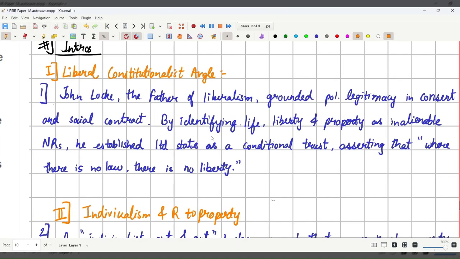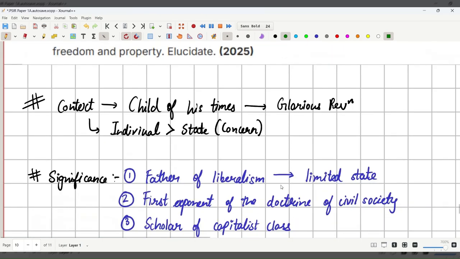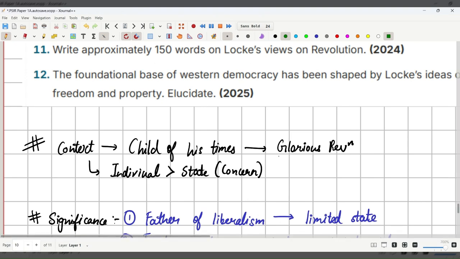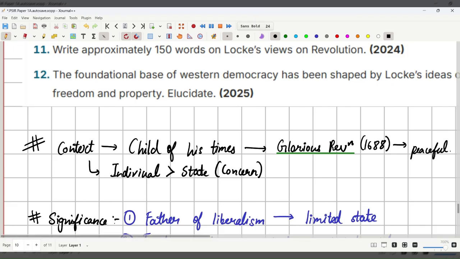Then after this we are going to study his context and significance. First, his context. Every thinker is a child of his times. During his time, the Glorious Revolution was happening in 1688, and this was a quite peaceful revolution, unlike Hobbes's time, which had the Spanish Armada and other such violent revolutions.